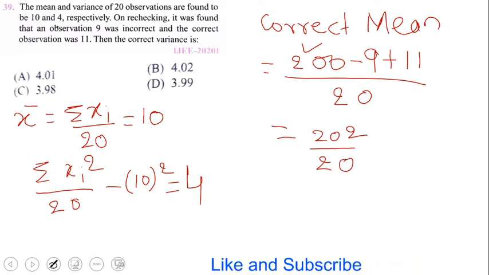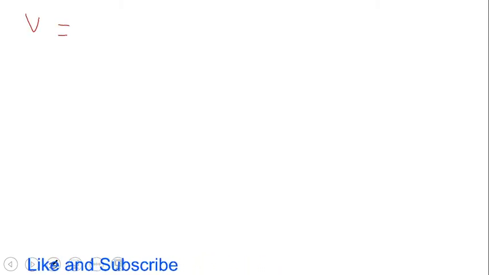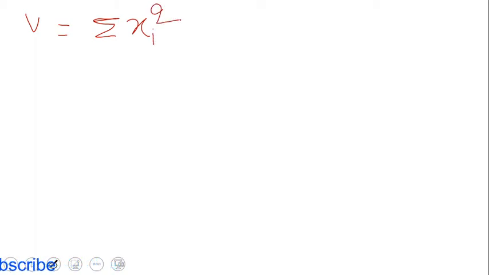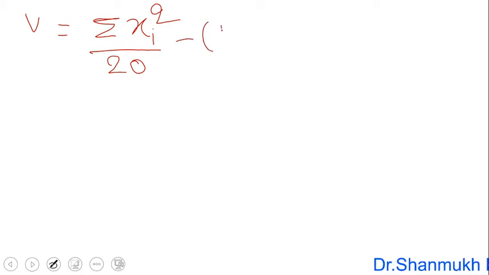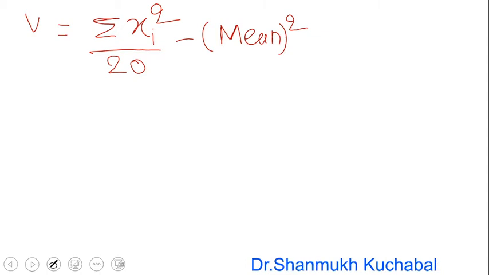So further I use the variance formula. The variance V is equal to summation of xi square divided by the number of observations, 20, minus the mean, and the square we have to take here.